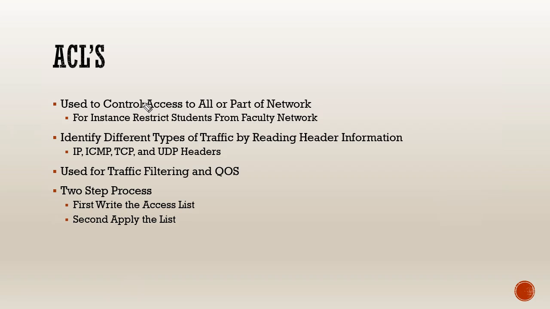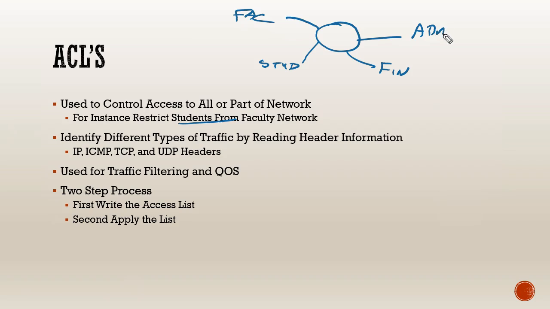And in this one, it's used to control, for instance, restrict students from the faculty network. So if we had a router here and let's say 3 or 4 networks, and we have a faculty here, a students here, and let's say a finance here, and an admin here, we can control who gets access to what network.